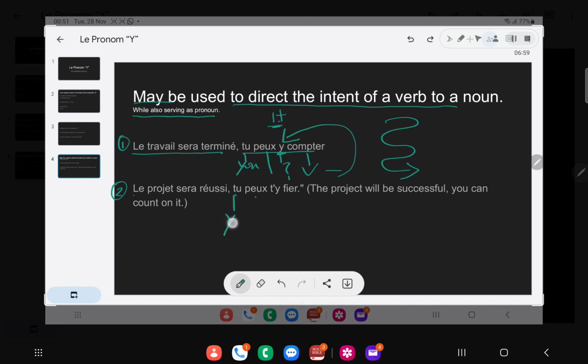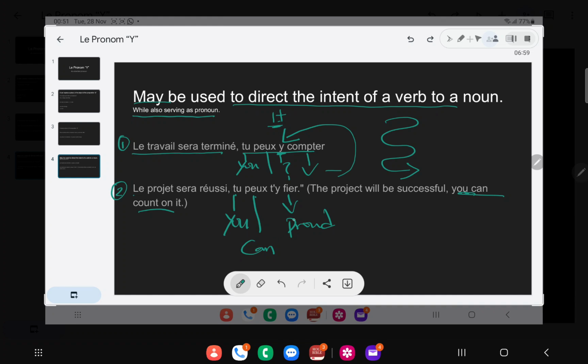So you can... this means to be proud. Well, at the end of the day, it can also be translated as: you can count on it. So let's get back.